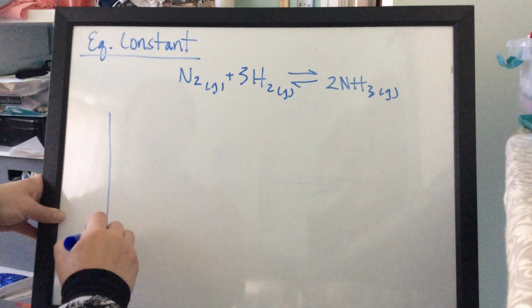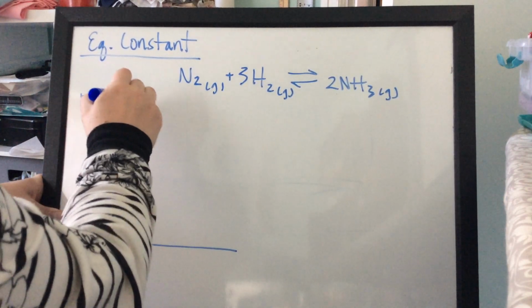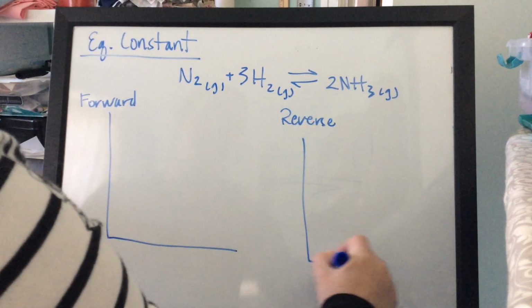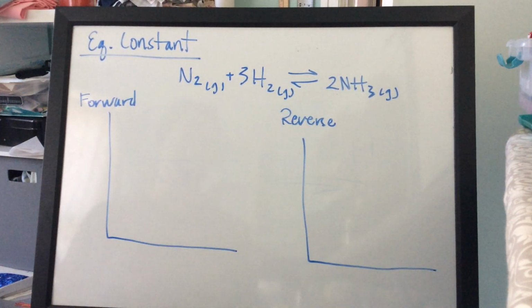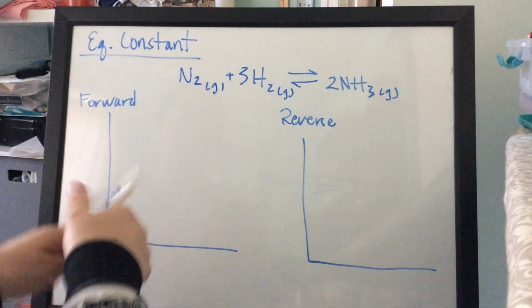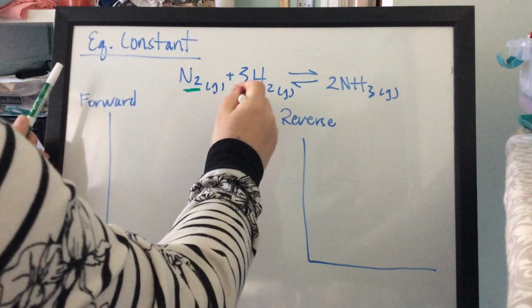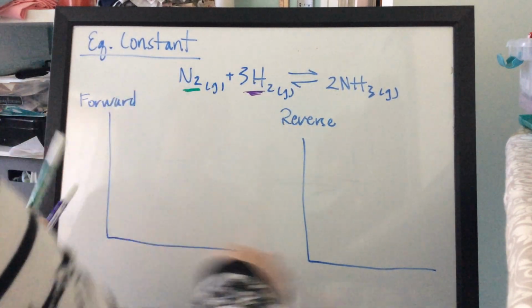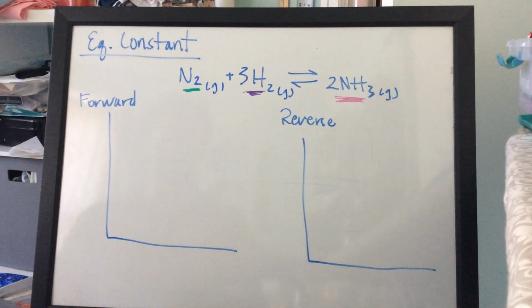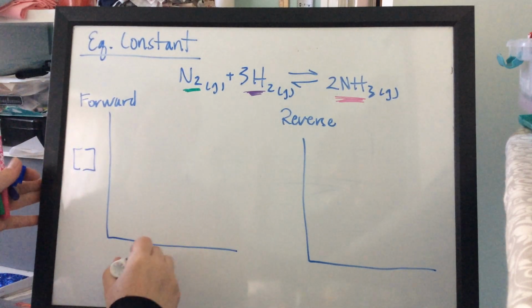I'm going to give myself a graph here and label this forward, and a graph here and label this reverse. Then I'm going to pick 3 colors and assign the 3 chemical species 3 colors. We'll say that N2 is green, H2 is purple, and ammonia is pink. I'm going to draw this graphically. This is going to be a graph, I should tell you, of concentration versus time.